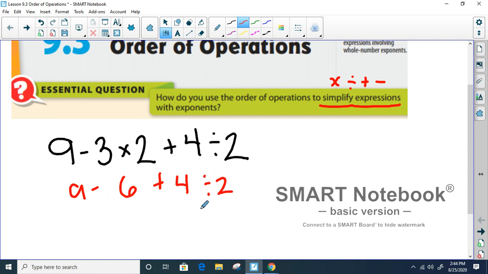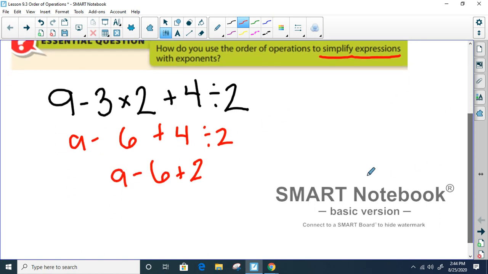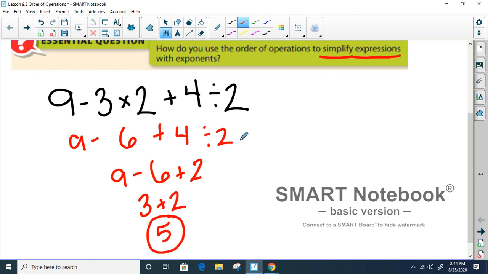Then I'm going to divide. Then I'm going to subtract. And finally, I'm going to add. So my correct answer here should be 5. So what we're going to learn today is the actual correct order to do any sort of expression like this.